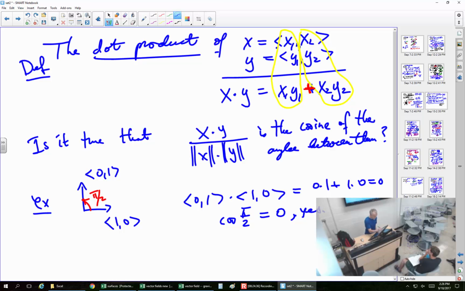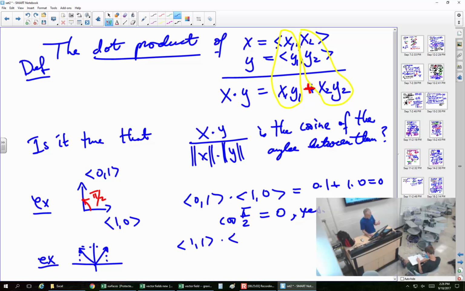The simplest case. You can certainly pick a slightly more complicated situation. Say, how about I pick this one and that one? Once again, I want to confirm that we're going to end up with 0. Let's make it slightly more complicated. This is 45 degrees. So it is say 1, 1 for the first vector.